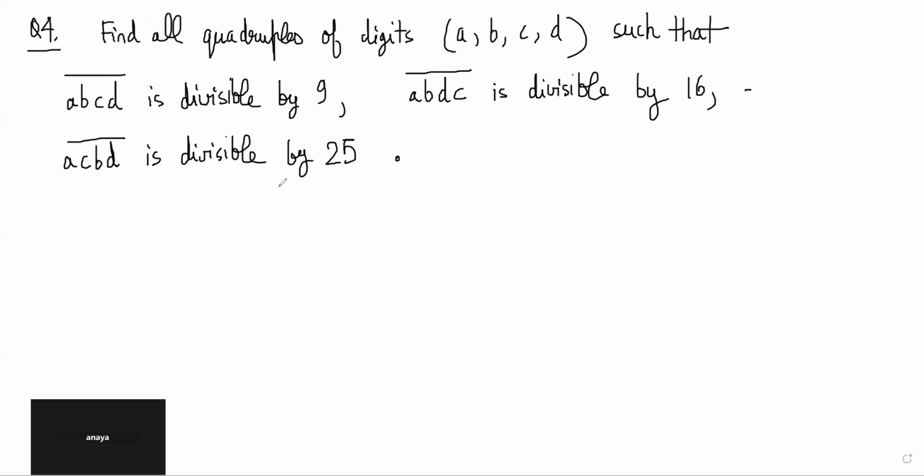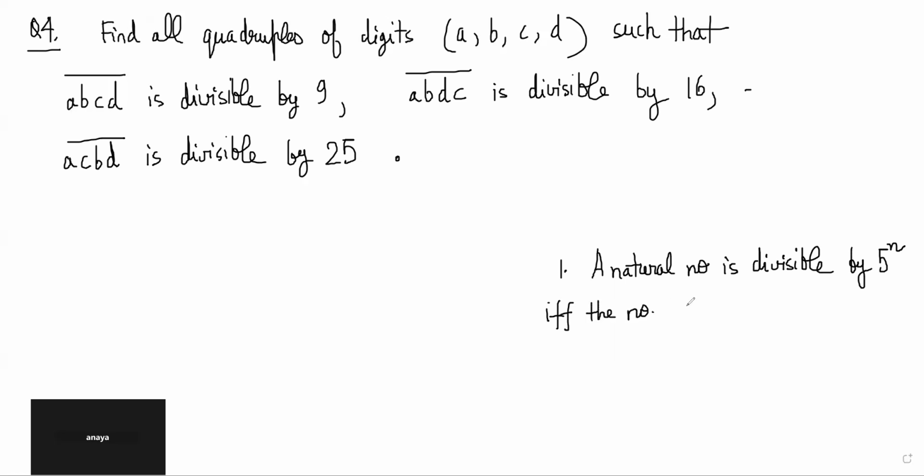Like these two rules you need to know, the divisibility rules, where a natural number, I think I had mentioned it before, is divisible by 5 power n if and only if the number formed by its last n digits is divisible by 5 power n.